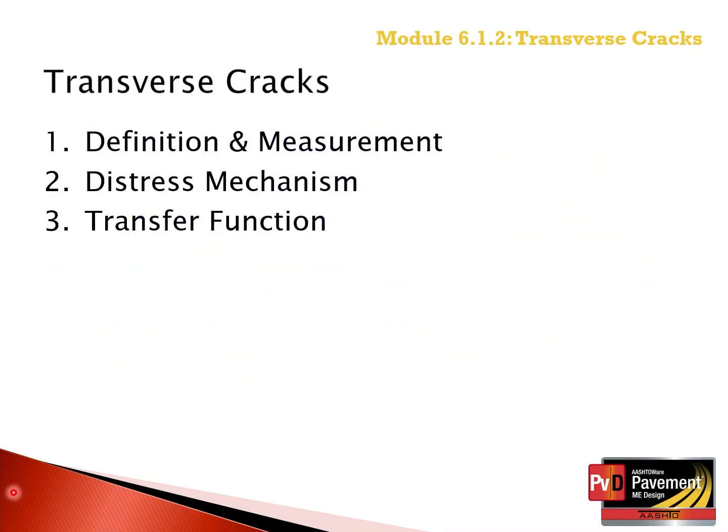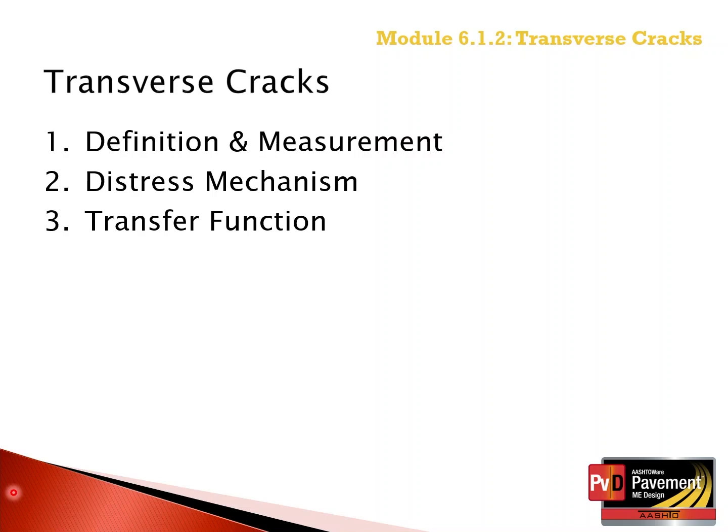This session is grouped into 3 parts as discussed for the other flexible pavement and rigid pavement distresses. The first is to define and measure transverse cracks, or the definition and measurement of transverse cracks. The second is the transverse cracking mechanism.